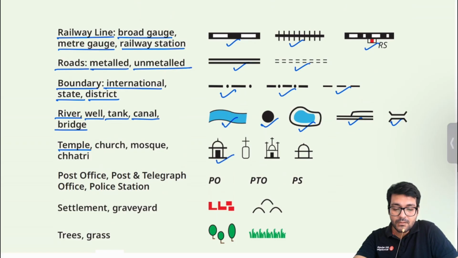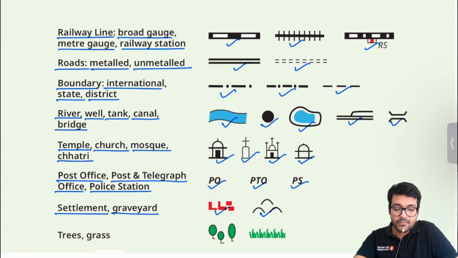Temple, church, mosque, chhatri. Post office, post and telegraph office, police station. Settlement, graveyard. Trees, grass.